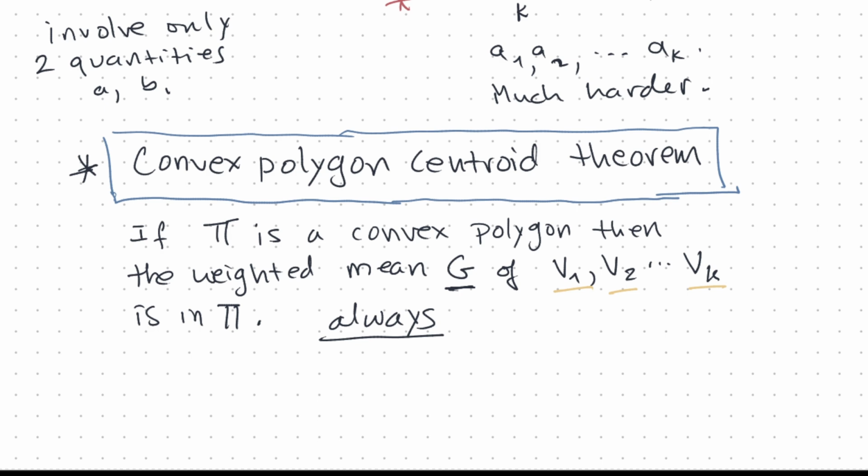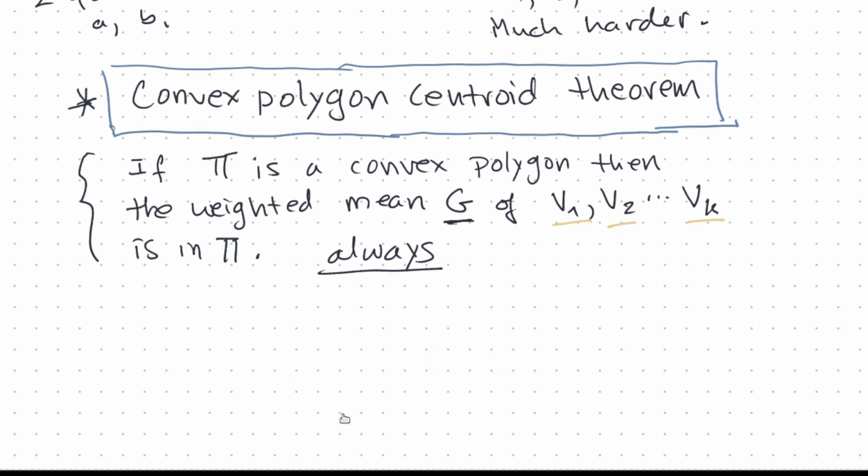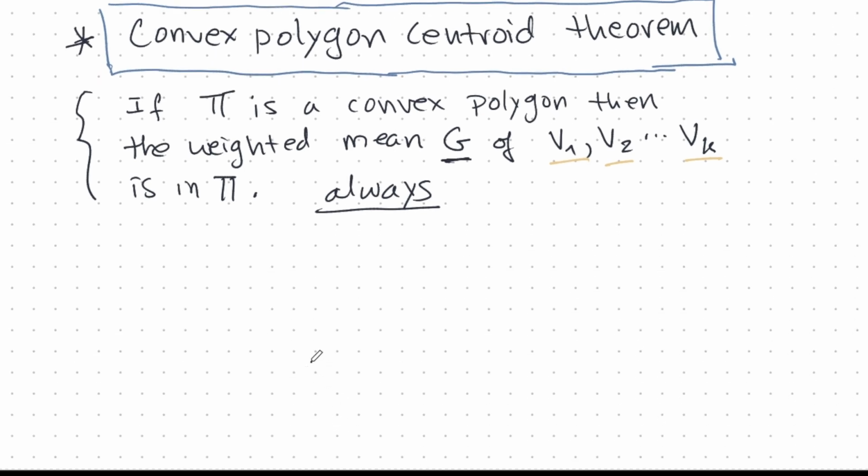If the polygon is not convex, it can be outside, and all of this analysis fails. That's why convexity is really important. It has this amazing property, and this is the key property to proving the most powerful version of Jensen's inequality, which is the N-way one. Okay, so let's get to work on that.